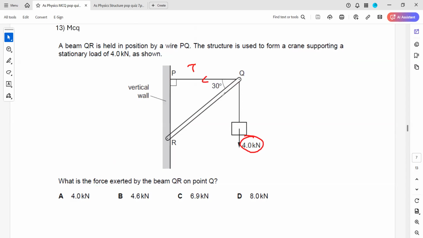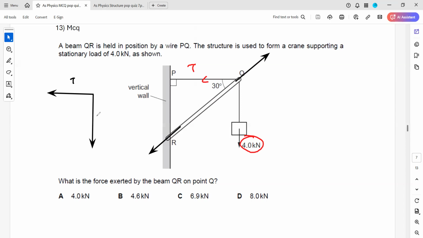And the resultant of these two, there will be a resultant force in this direction on point R. Because it is stationary, there will be another force in the opposite direction to balance that. Like if I have a tension here and I have 4 kilonewton.